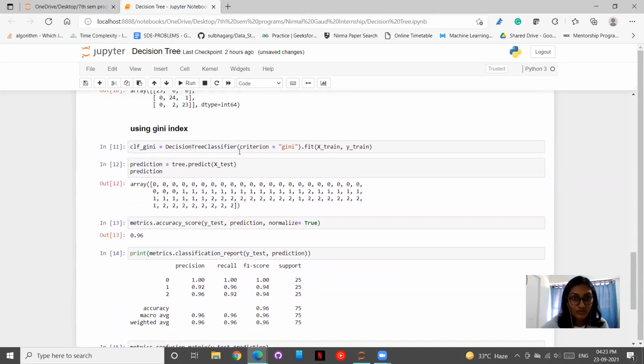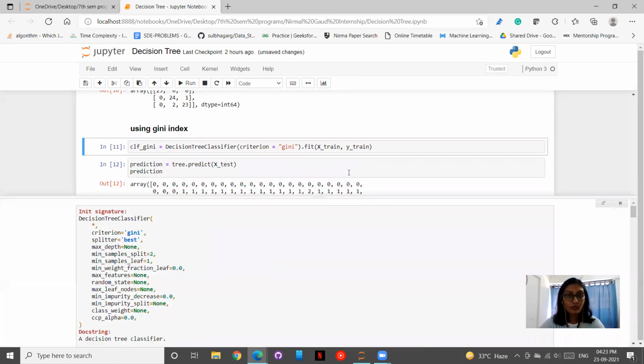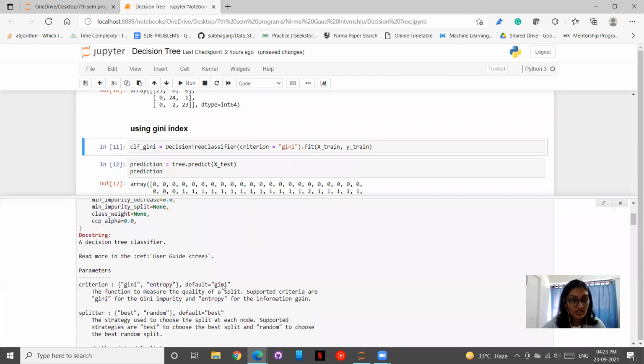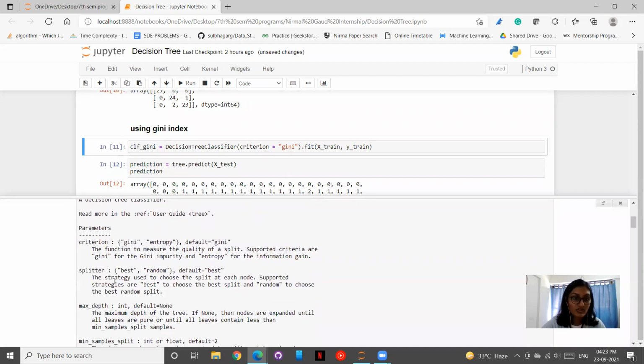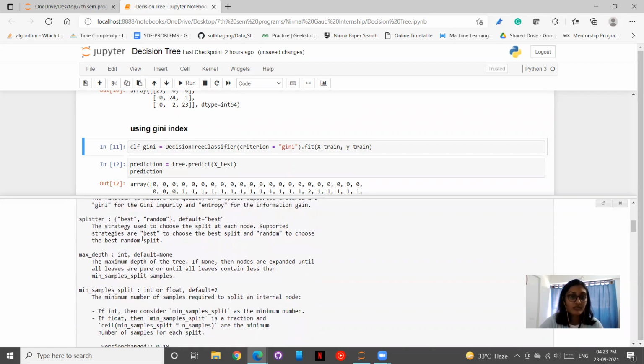I would even like to show you the documentation for the same. Just press Shift Tab and press on this arrow. This is the whole documentation. These are the different parameters such as criterion. It has Gini and entropy, and default is Gini. Thereafter, we have splitter.